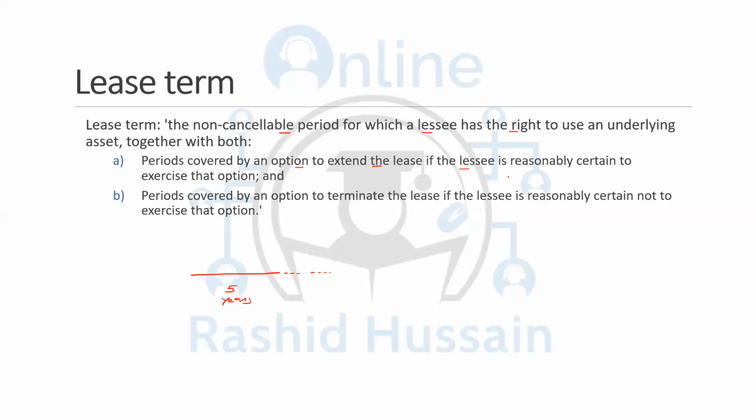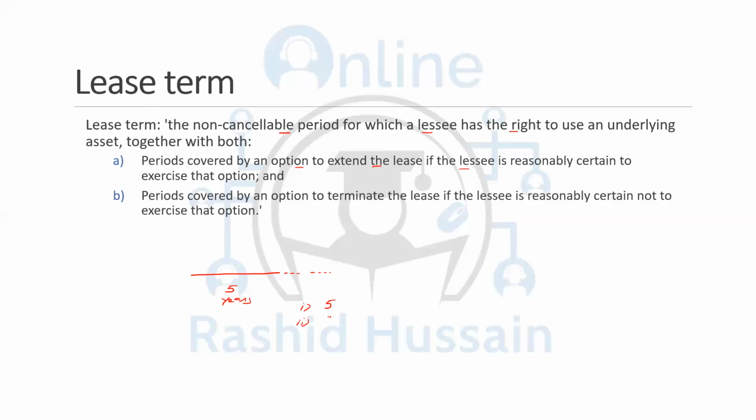The second scenario is they are reasonably certain. That means it is highly likely, there's a high level of confidence that they will be availing only one further year. So in the first scenario, they're unsure whether they will be availing the extendable period, so the lease period is 5 years. In the second scenario, they are reasonably certain, it is highly likely that they will be taking a 1 year extension.